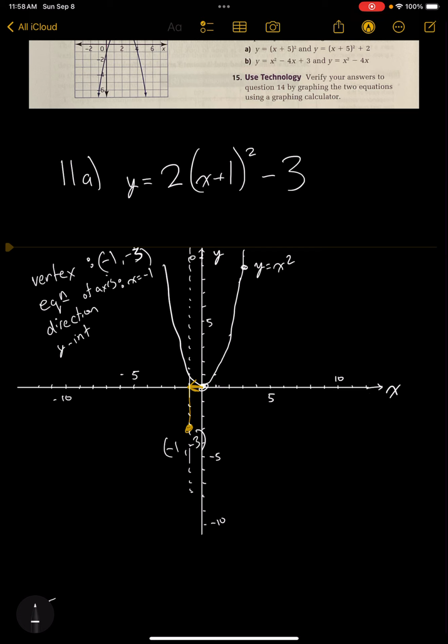The direction: it opens upwards because it's positive here. If that's positive, it opens upwards, the direction is up. And the y-intercept, we'll deal with that in a second.